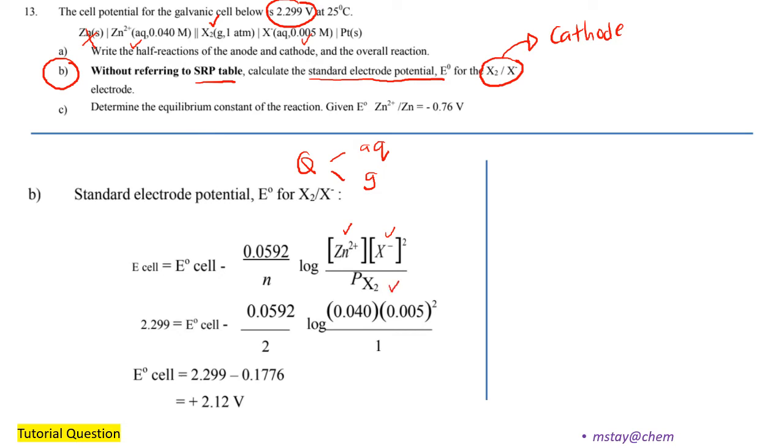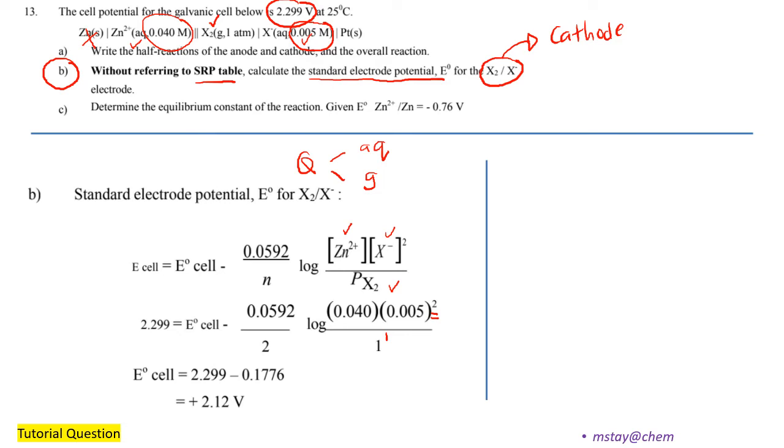By substituting the value 0.04 for zinc 2 plus, and 0.005 for X negative, with the power of 2 based on the overall equation. The partial pressure of X2 is 1, and the coefficient for X2 in the equation is also 1, so 1 to the power of 1. If you didn't write this out, it is still okay.